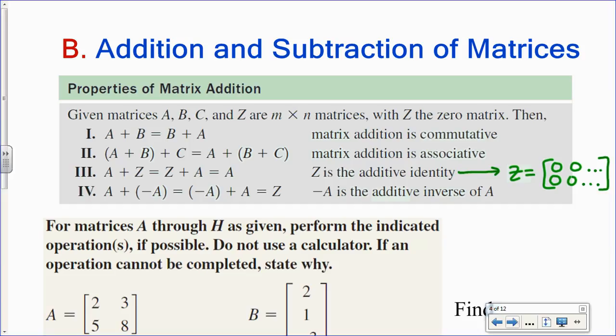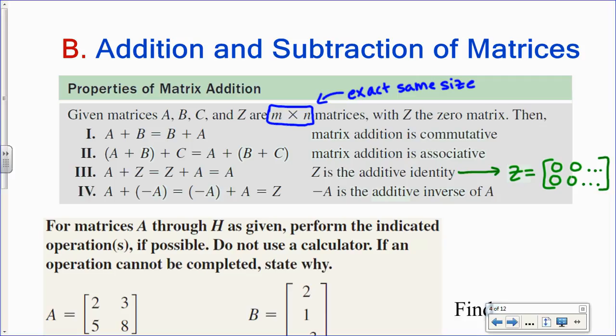Notice that it says that they are all M by N matrices. So they're all the same size. So to add or subtract matrices, they have to be the exact same size. That doesn't mean they have to be the same number of rows and columns.